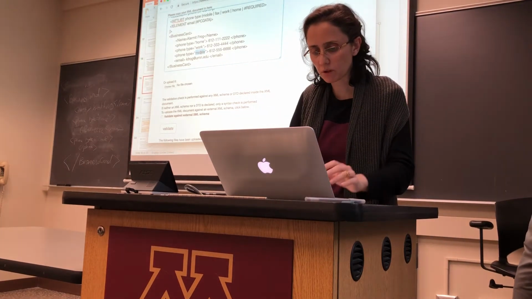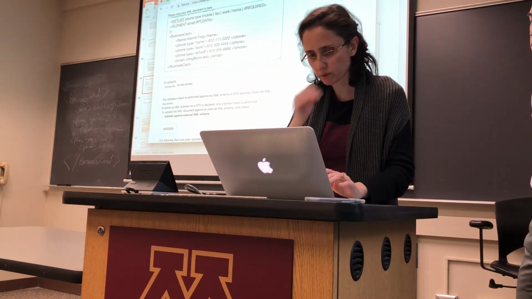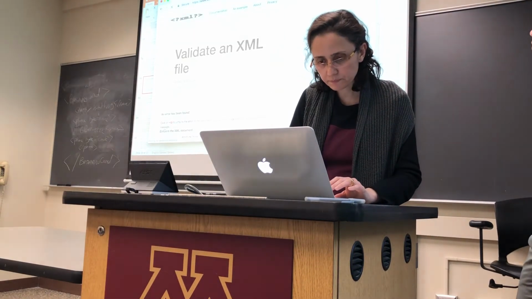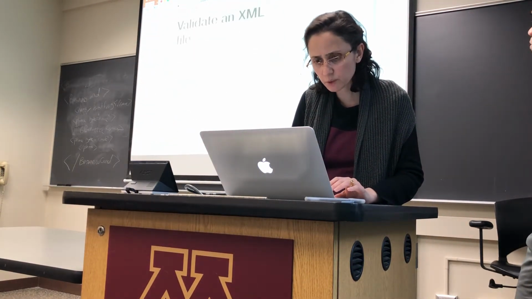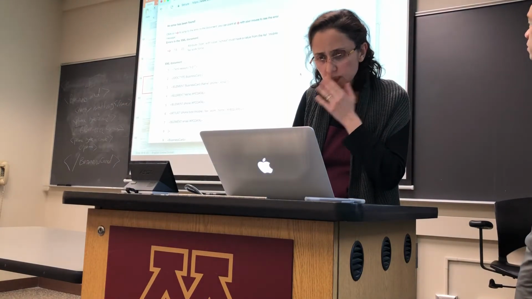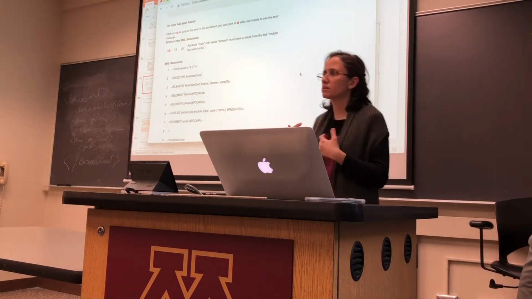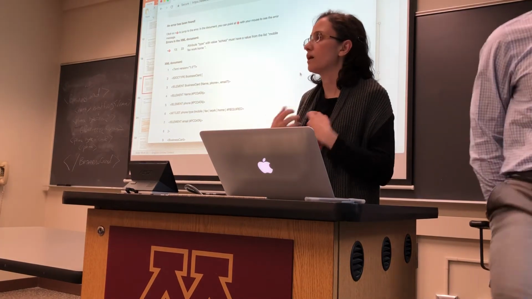Let's say I say school phone, whatever. If I say validate, let's see if it gives me the error. Yes, it gives me an error about the type. The type school is not allowed, so this is matching the rules that I imposed, that I made up, right?